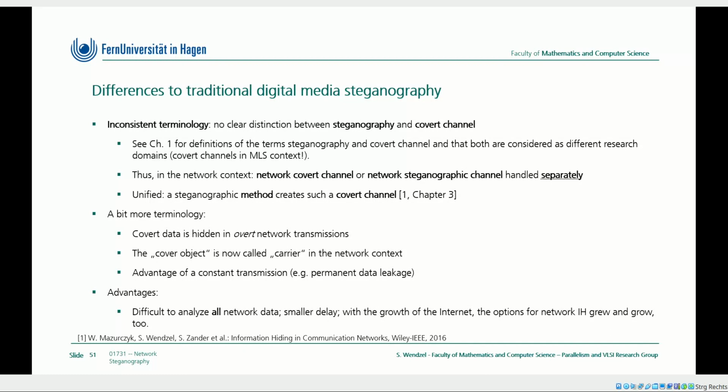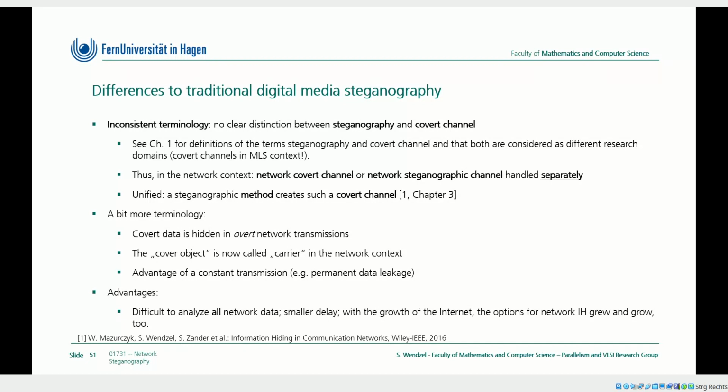And the problem here is that they describe how information can be hidden in network transmissions without necessarily only focusing on the policy breaking aspect. It's really also about hiding data, which is a subject of steganography.